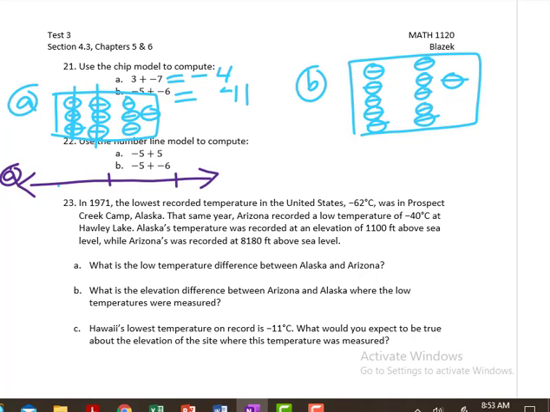Here's 0, 1, 2, 3, 4, 5, and negative 5 in the opposite direction. So my first arrow, I start at 0, and it's 5, so negative 5. So I'm going to point to the left. You could also start at negative 5 if you like.